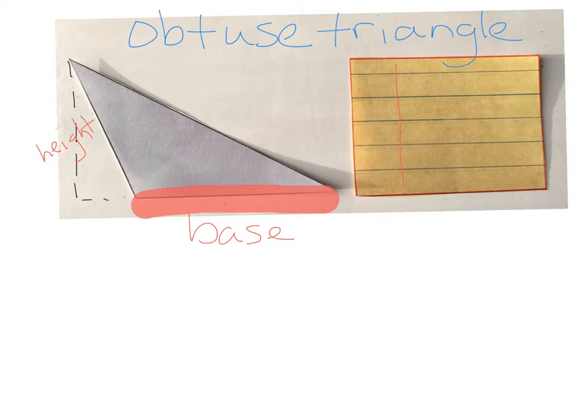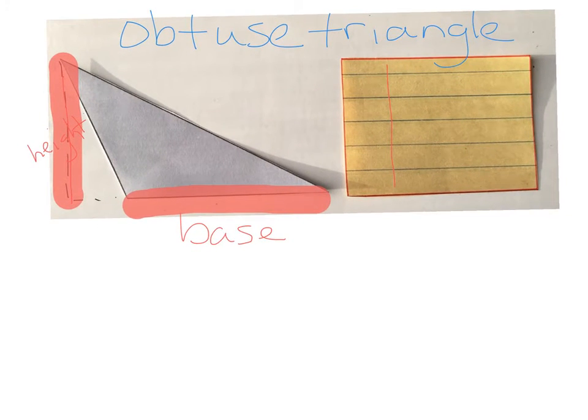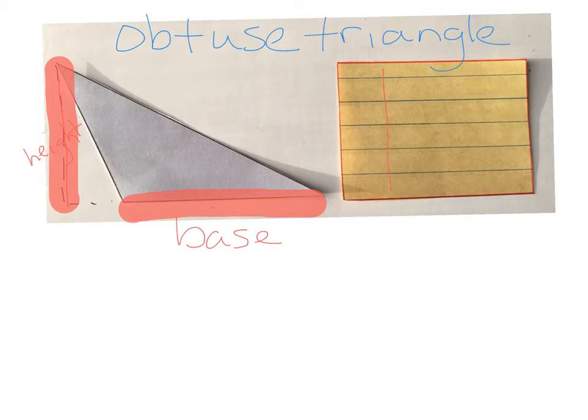So even though this height is outside the triangle, it is still the true height, because if you were to move it over, it would still go from, and I'm having trouble moving it, so I'm just going to redraw it. It would still go from the highest point of the triangle to the base, and that's what a height is supposed to be.